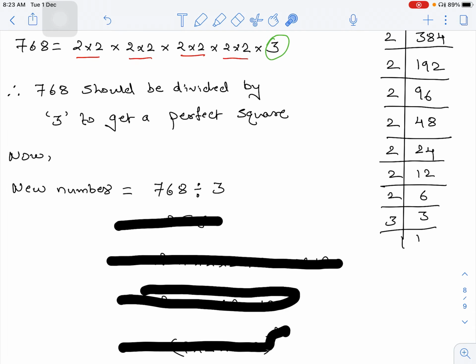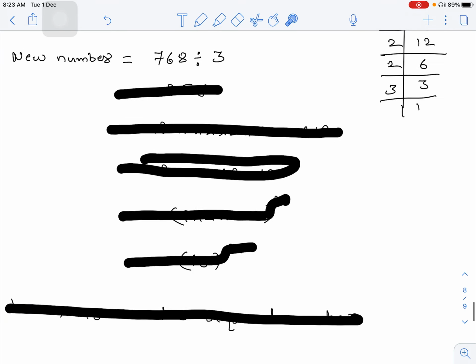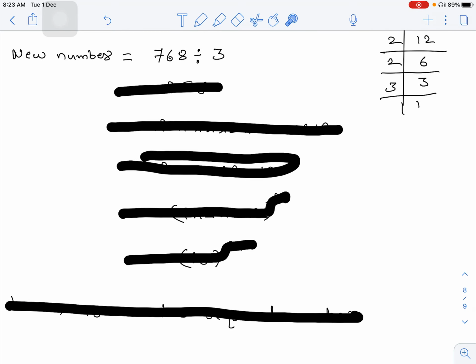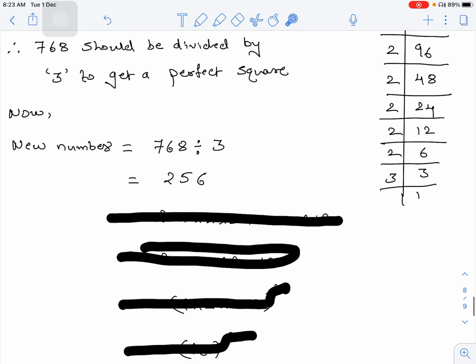Because here 3 is an extra number. So when we divide 768 by 3, we get 256.